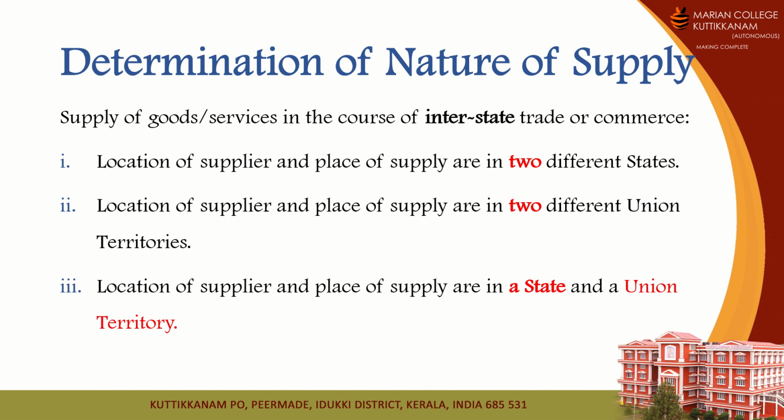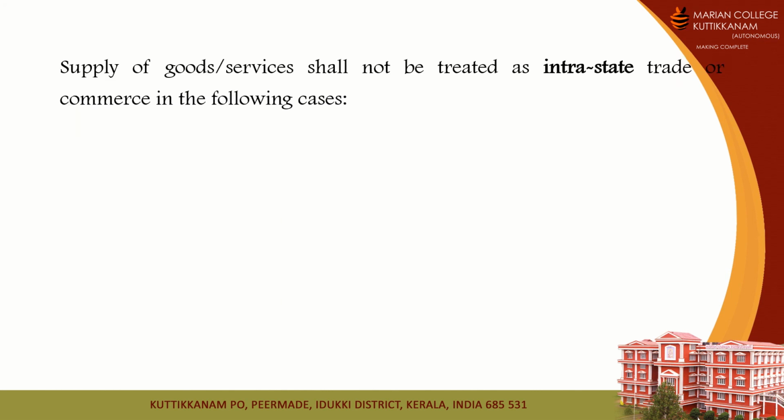Okay, so now let's see how to determine the nature of intrastate supply. Intrastate means within the state or within the union territory. Supply of goods or services shall not be treated as intrastate trade or commerce in the following cases.